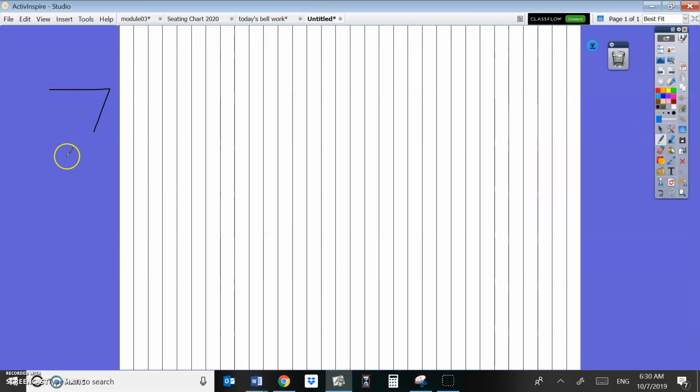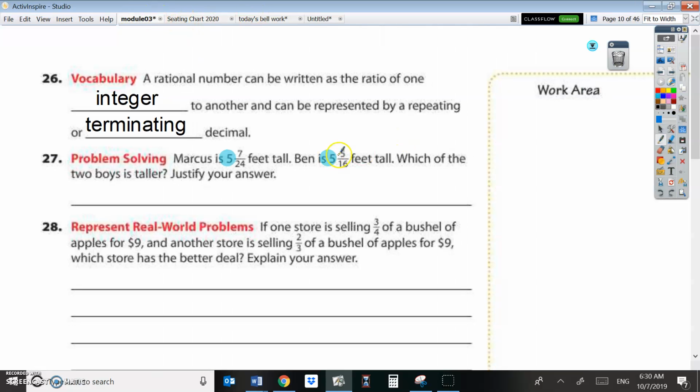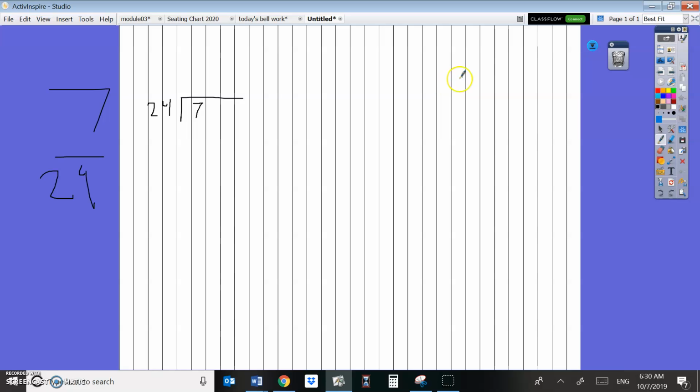So 7 over 24 is 7 divided by 24, and the other one was 5 over 16. Let's compare these two and see which one is larger.